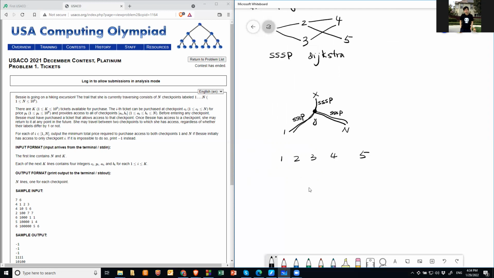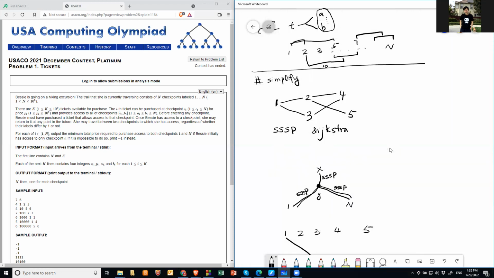How about I make a virtual point, let's say virtual point equals 6, which means you go to both 1 and N. Then the distance from each point to this virtual point is the shortest distance to 1 plus the shortest distance to N.